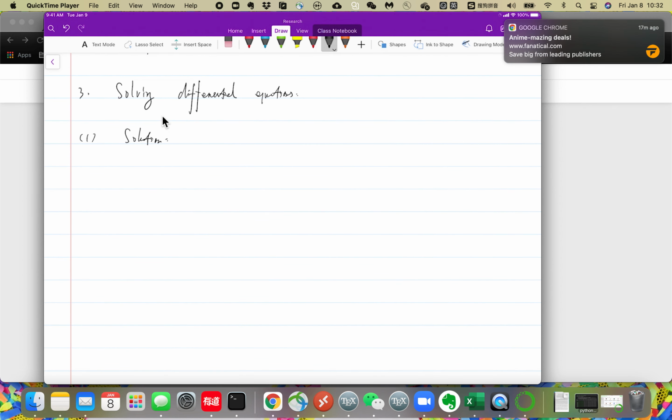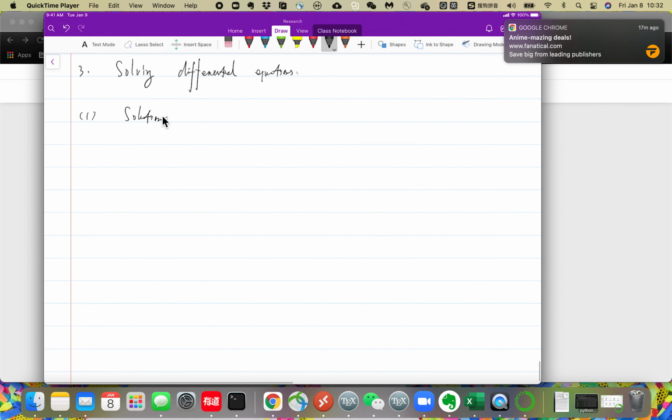A solution of a differential equation is simply a function that you can plug in for y and calculate the derivative y prime such that the equation holds. I think that's pretty easy to understand. But you do have two types. And the first one is called the general solution.